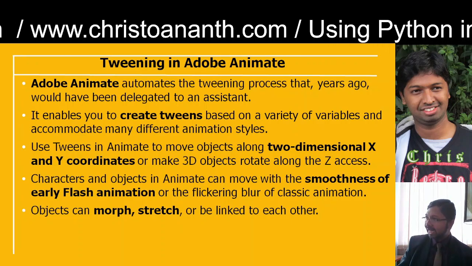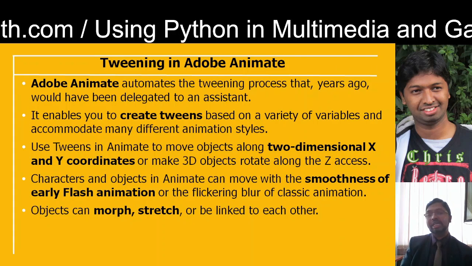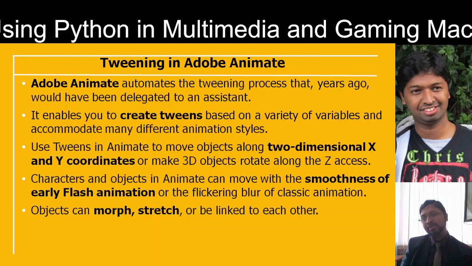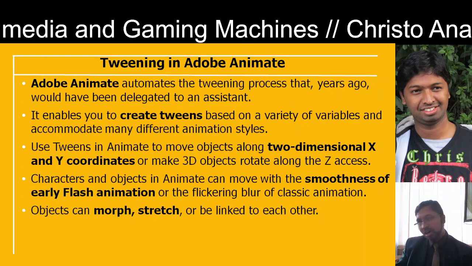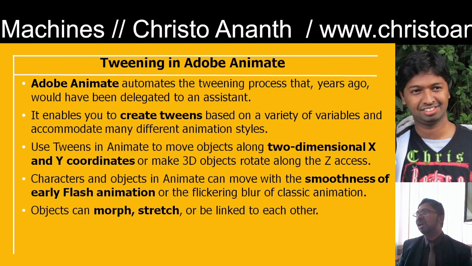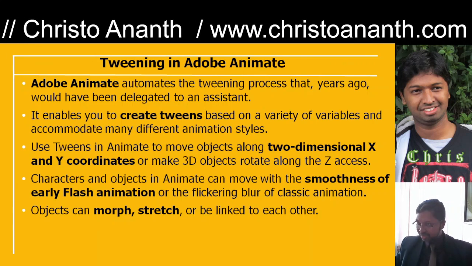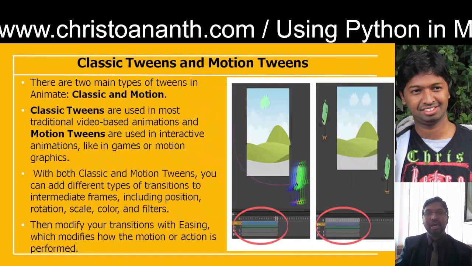So characters and objects can move with the smoothness of Flash animation, or the flickering blur of classic animation. So you can go for flickering, or smoothness. You can also morph the object, stretch the object, and link it with one another. So that's how you can use it in Adobe Animate.